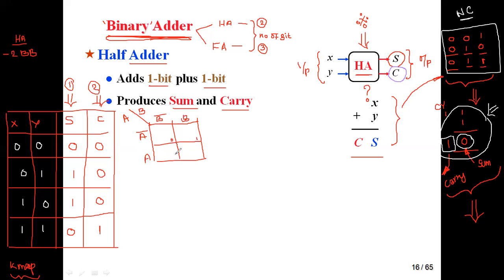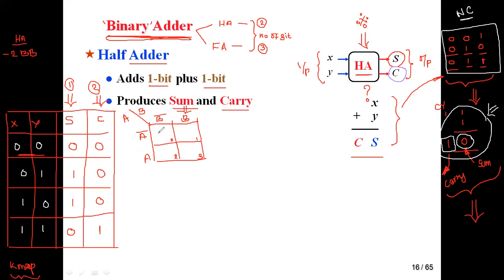Please listen carefully, very important, fundamental. Once you understand, that's all for the full adder. So at the time of my input, the first case is 0, 0. I'm going to design a circuit or an equation for sum.